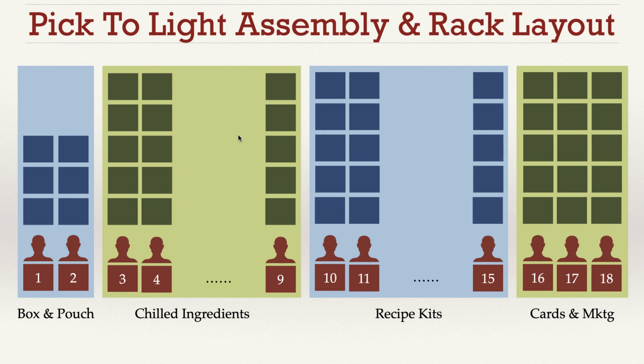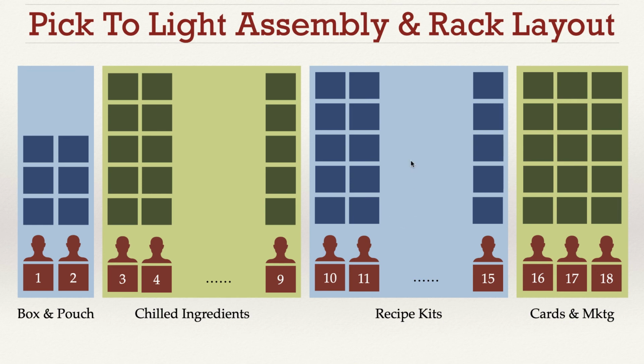Now, how are they assembled? They have a big rack, and there is an assembly line with a number of people standing and packing the ingredients into boxes. Here we have different sections of the racks. The initial section is picking the box and the pouch of different sizes depending on the order. The second section is about picking the chilled ingredients which are not included in the recipe kits.